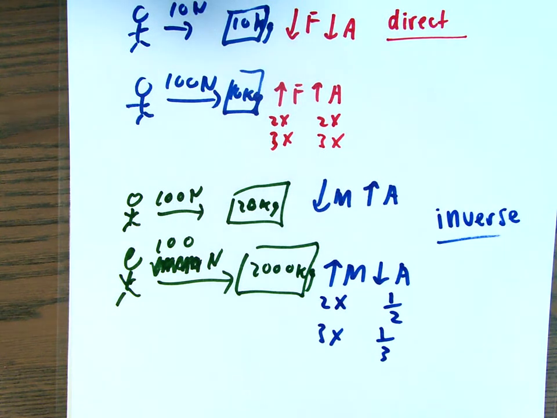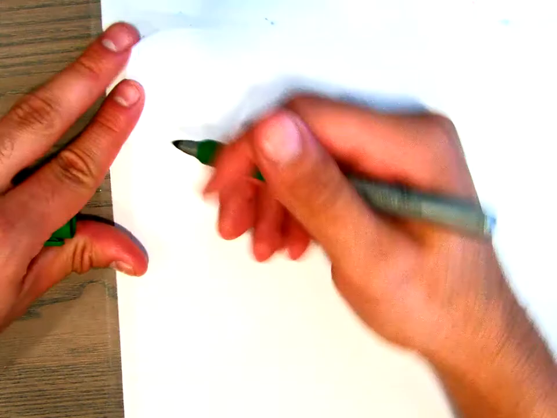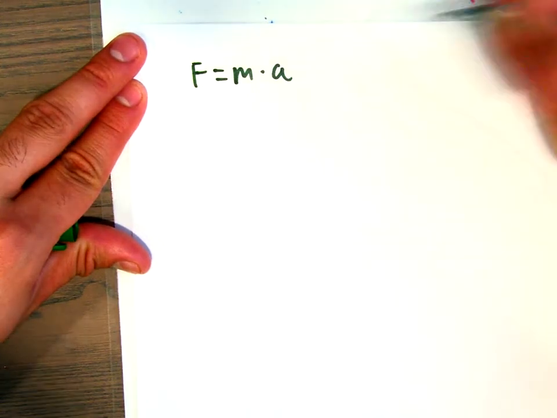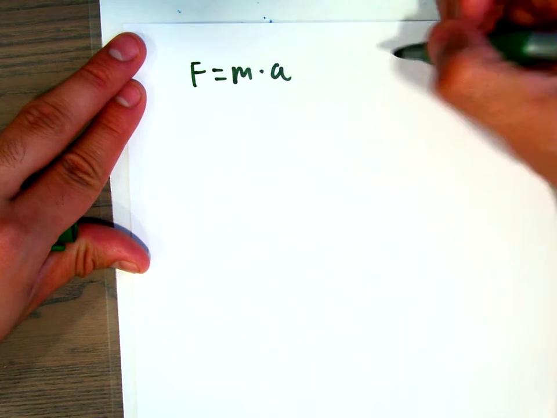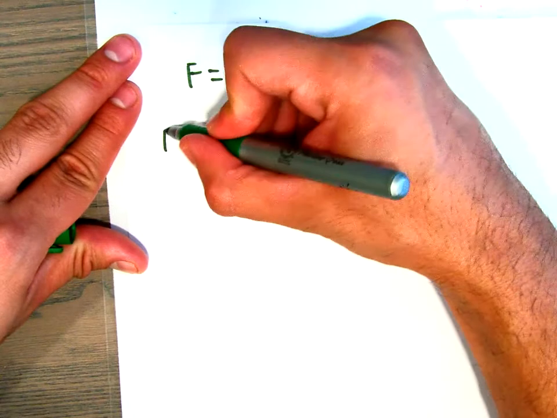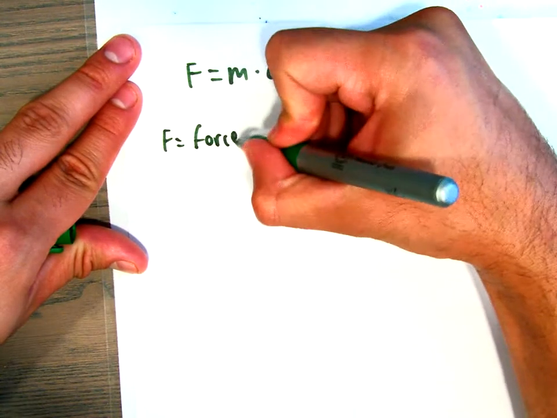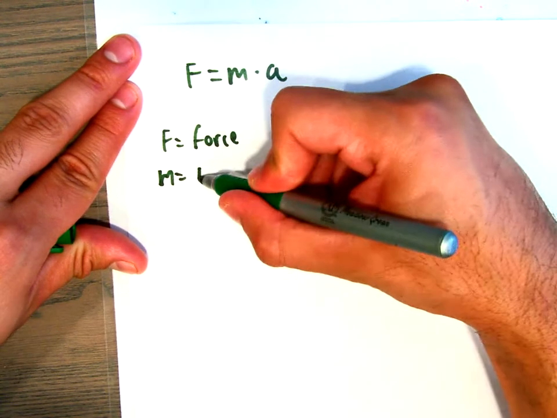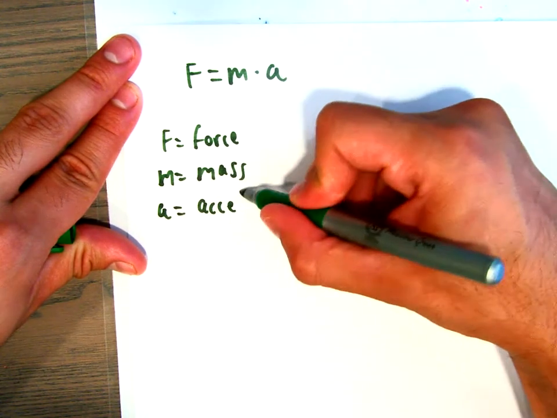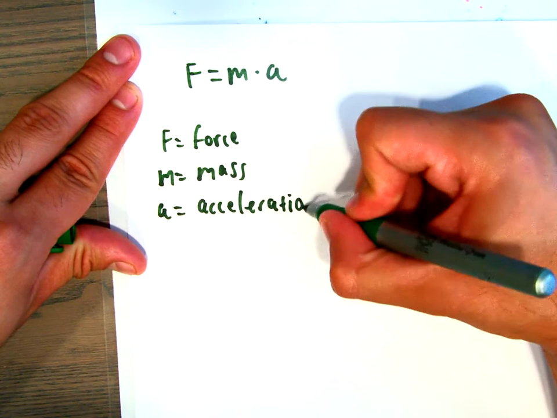All right, so let's look at the equation here, break it down, and then work through some practice problems. Our equation for the second law is: the force on an object is equal to the mass times the acceleration. F stands for force, M stands for mass, and A stands for acceleration.